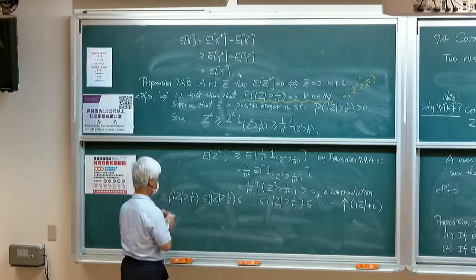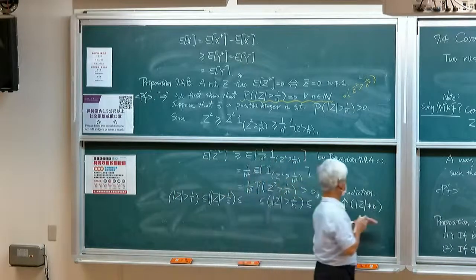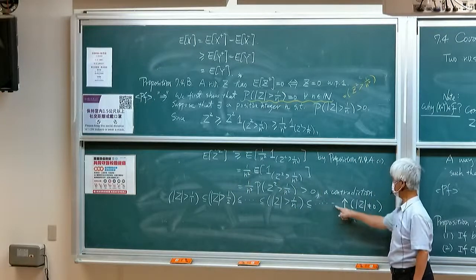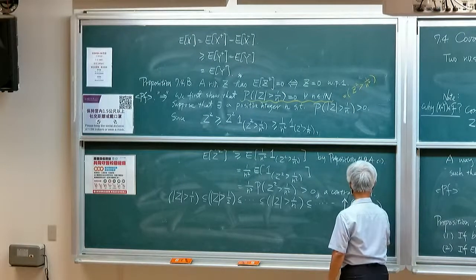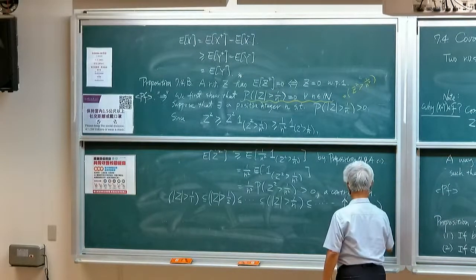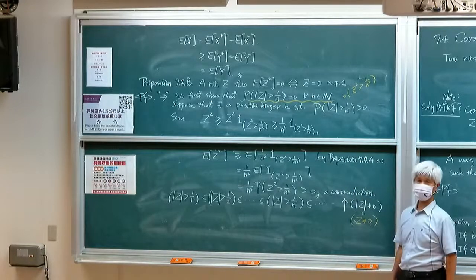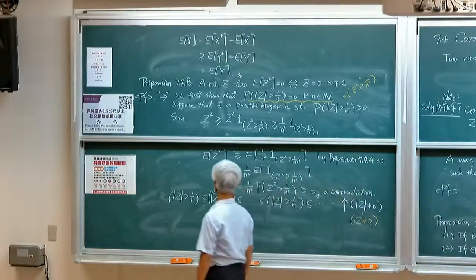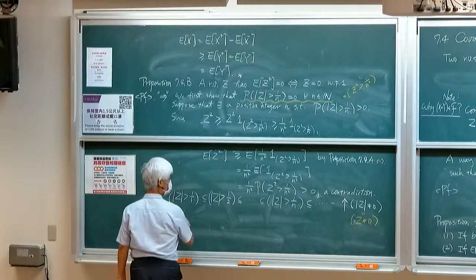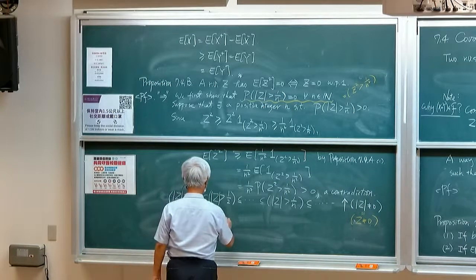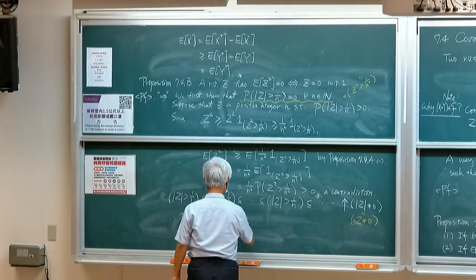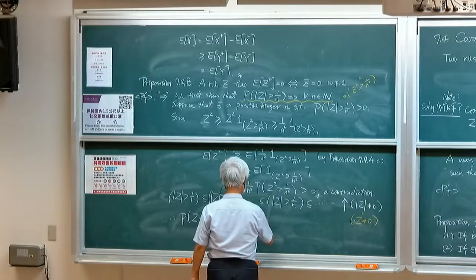So we have a monotone increasing sequence of events, and the limit, their union, is the event that Z is not equal to 0. Okay? So the probability that Z is not equal to 0 is the probability of the limit, as n goes to infinity, of the event Z greater than 1 over n.